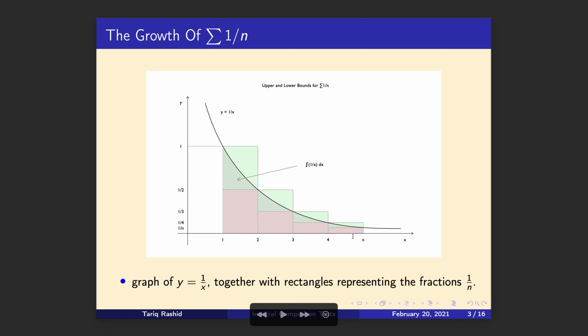We're not looking to the right now. In terms of counting the discrete rectangles, we are starting from not 1 but 2, because the first one is a half, then a third, then a quarter. So for the discrete sum, it's 2 to 4, and for the integral, it's from 1 to 4. So 2 to n and 1 to n.